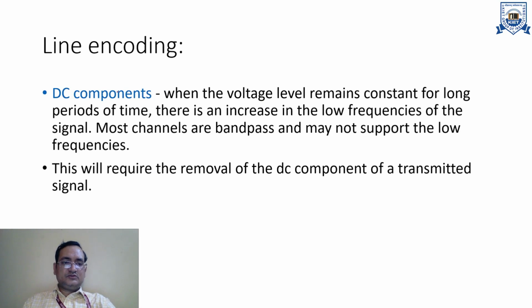Line coding also concerns the DC component. When the voltage levels remain constant for long periods, there is an increase in the low frequencies of the signal. Most channels are baseband and may not support low frequencies, so this requires the removal of the DC component of a transmitted signal.